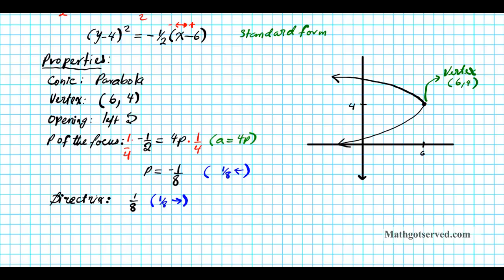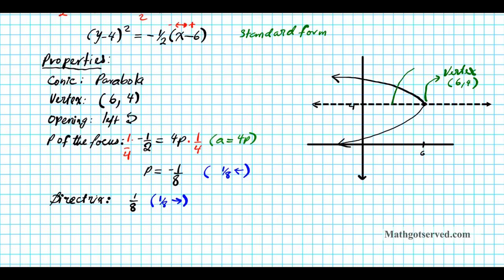I like to draw the axis of symmetry because that line contains the focus and the vertex. So that line right there that divides our parabola into two congruent curves is our axis of symmetry. Let's label that also.